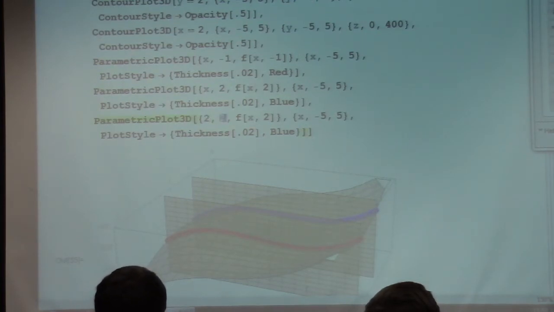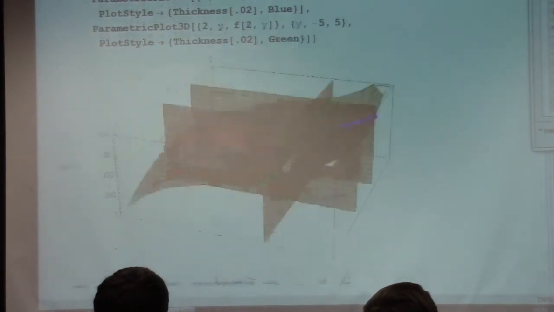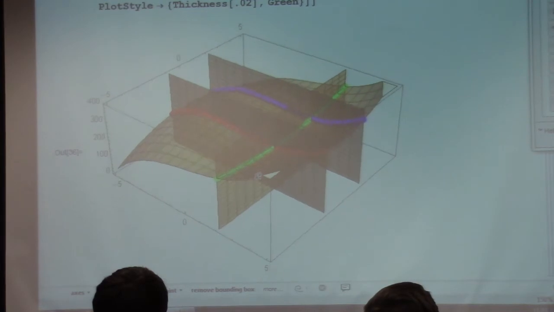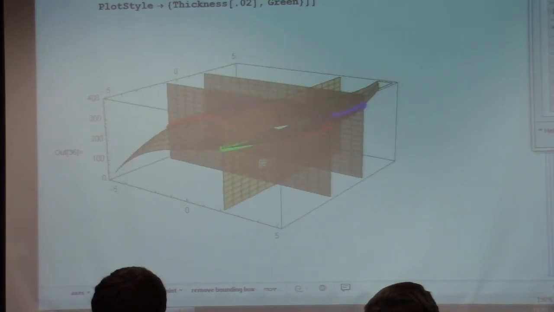I'm setting x equal to 2 and varying y. So now y is going to be the parameter for the parametric plot. Like this, y goes from -5 to 5. Let's make it green. There we go. There's the intersection of the surface with a plane at a constant value of x.